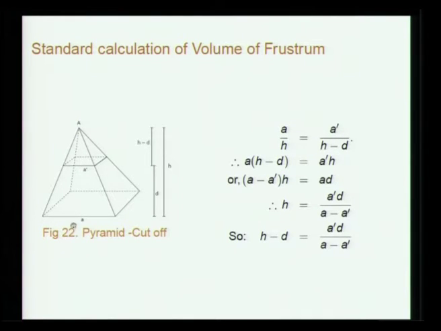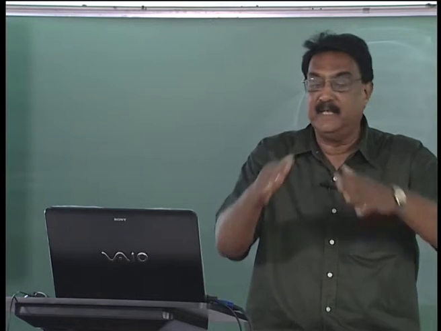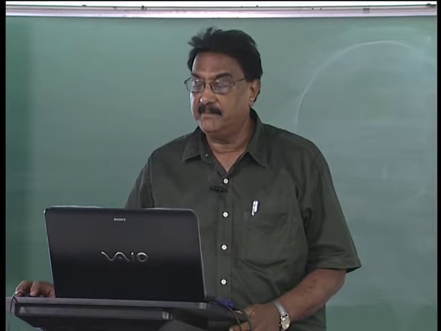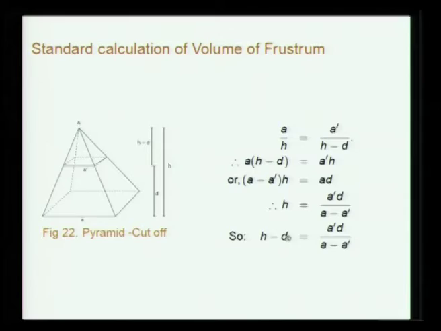Then A by H, where H is the total height, is A prime divided by H minus D, by proportion, because this corresponds to the perpendicular H minus D and this corresponds to the perpendicular H. As it is tapering uniformly, this proportion can be used. So, A into H minus D is equal to A prime H. From this one gets H is A prime D by A minus A prime. So, H minus D is this.